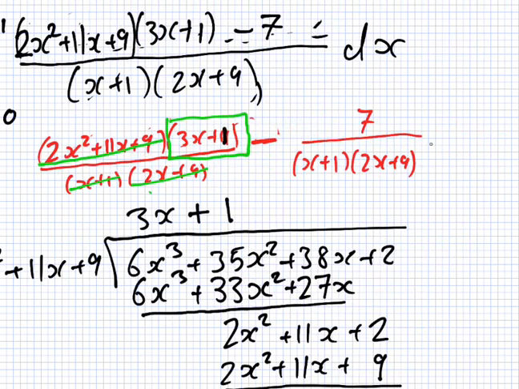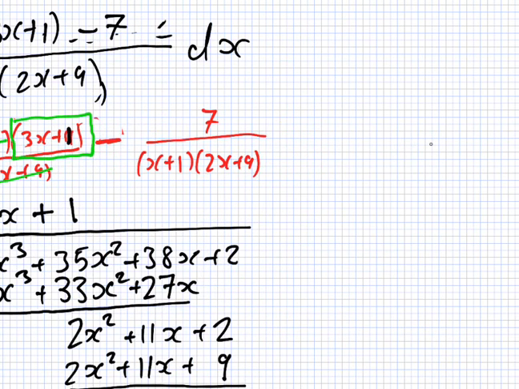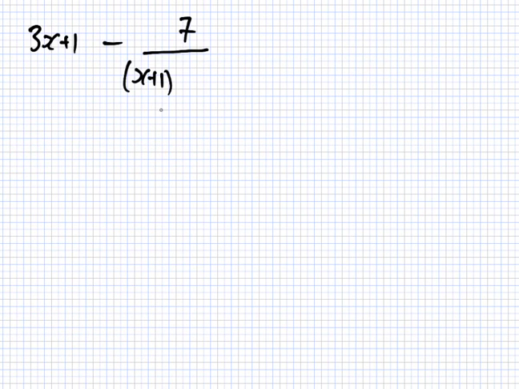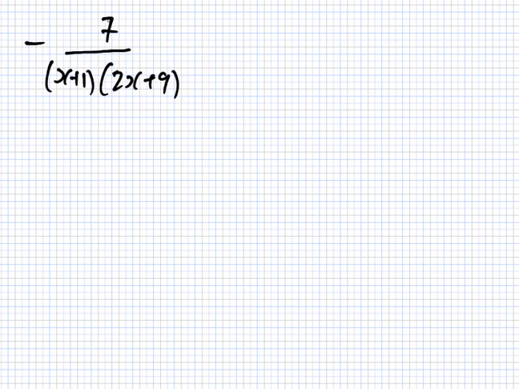If I go to the side and write down our new problem, we're looking at 3x plus 1 minus 7 over x plus 1, 2x plus 9. And in fact I can go to the side again because I don't care about this piece at the front, I just want the fraction part. So I'm looking at this now.